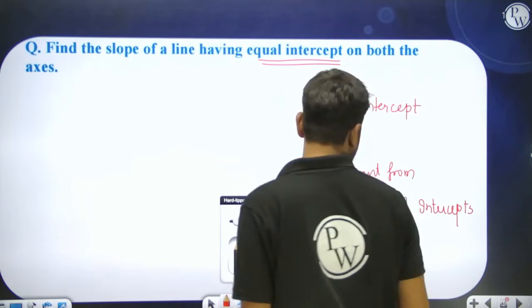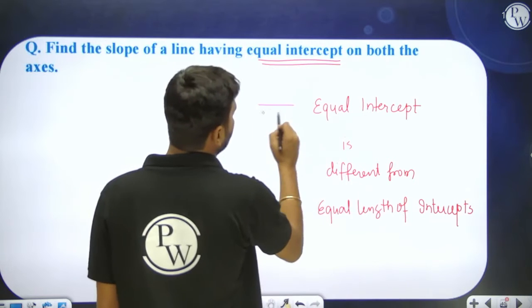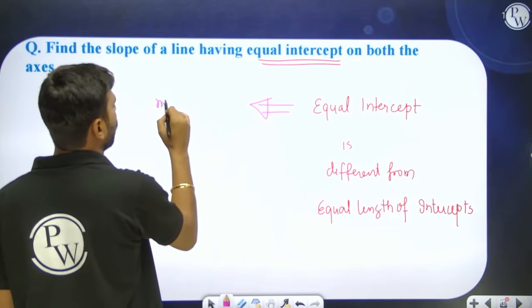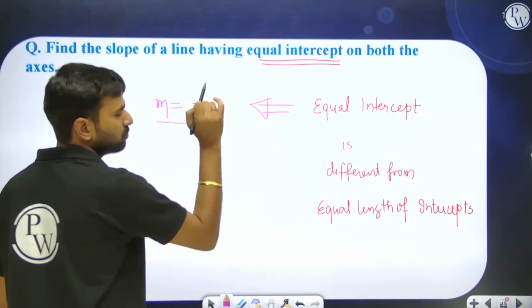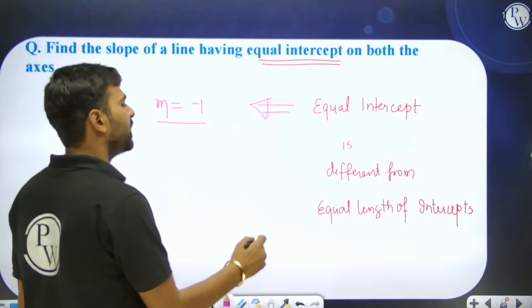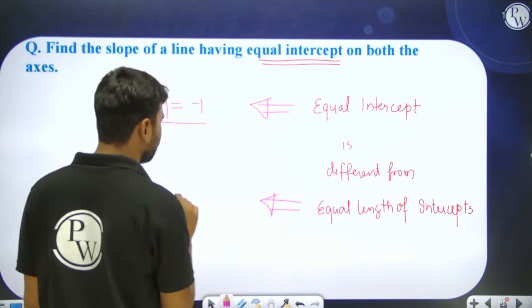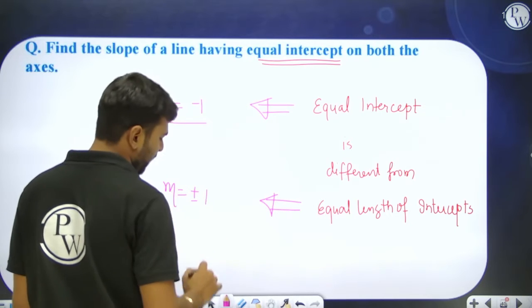If it is given to me that a line is having equal intercept, then slope has to be equal to minus 1. But if a line is having equal length of intercepts, then the slope can be plus 1 or minus 1, both.